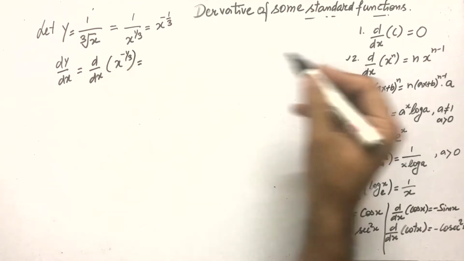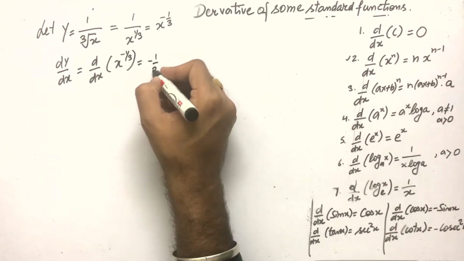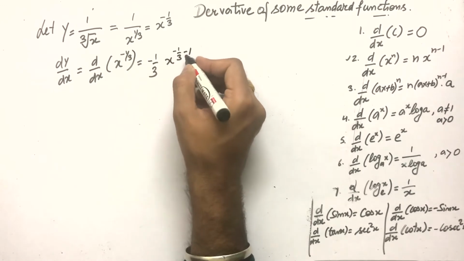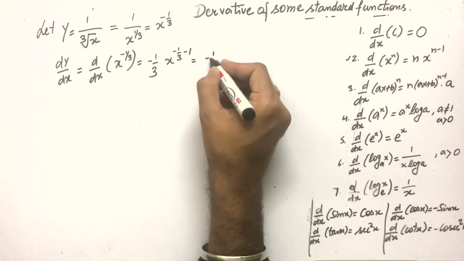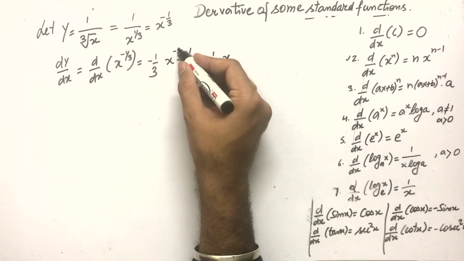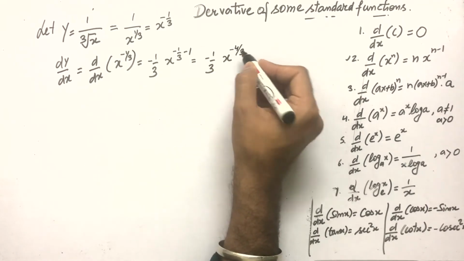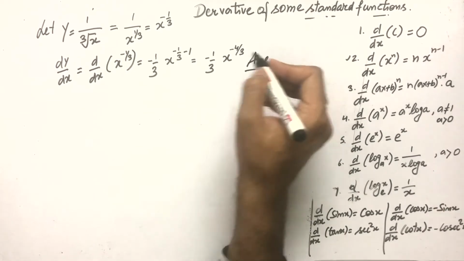So once again we make use of this formula. So that is minus 1 by 3 x power minus 1 by 3 minus 1. So we can easily take LCM here. Minus 1 by 3 x power, how much it becomes? Minus 1 minus 3 by 3, that is minus 4 by 3. So this is the answer here.